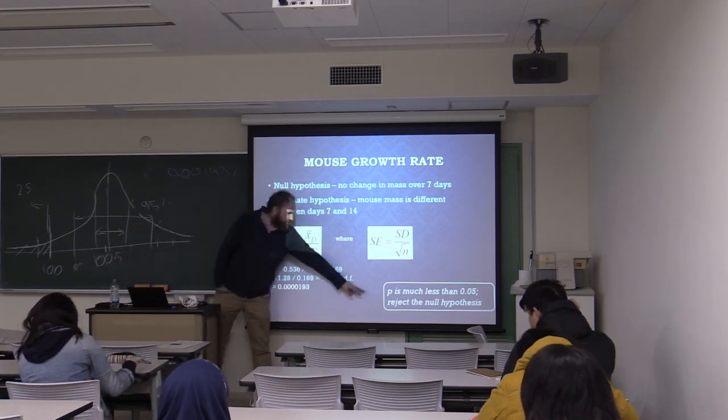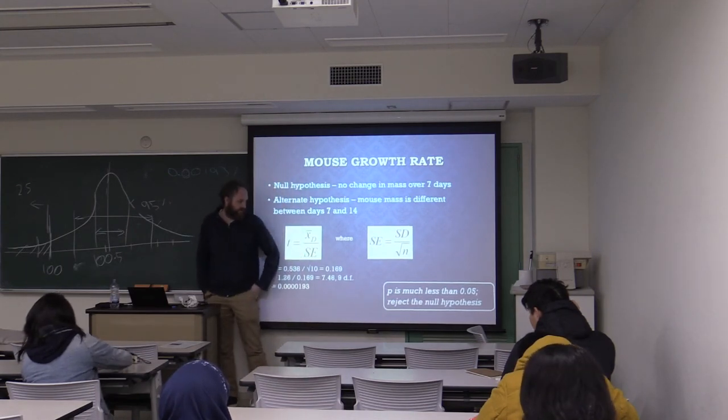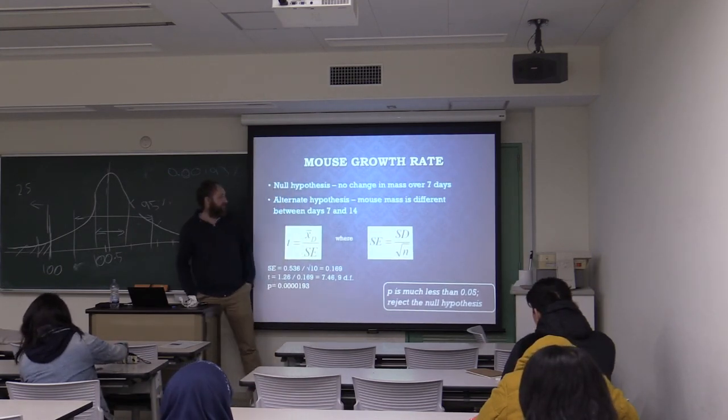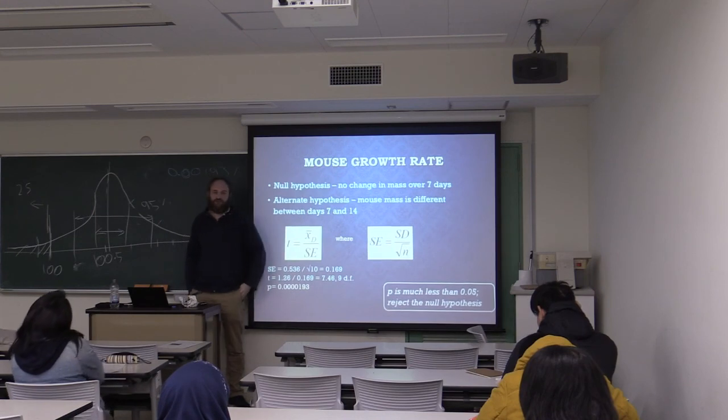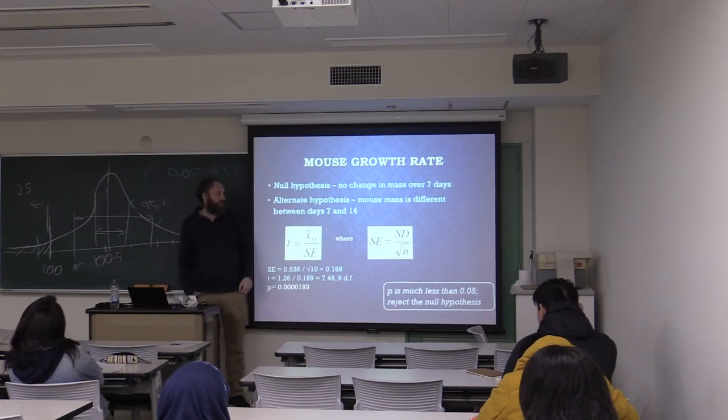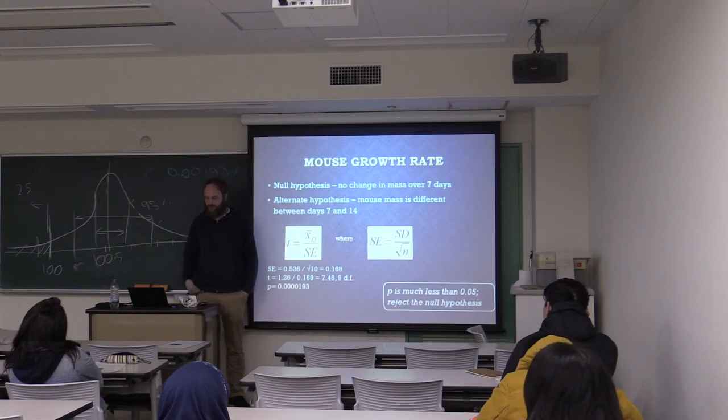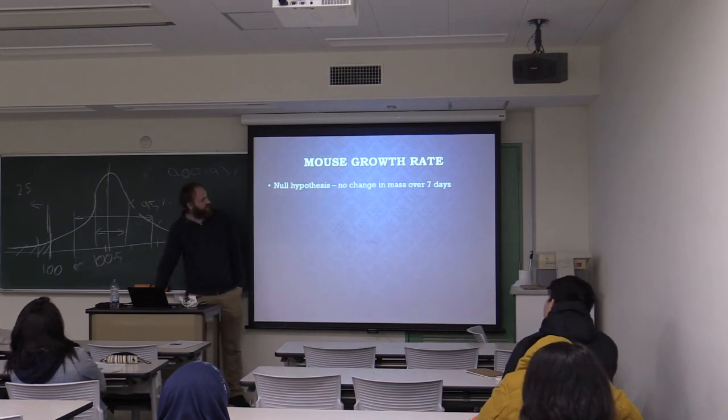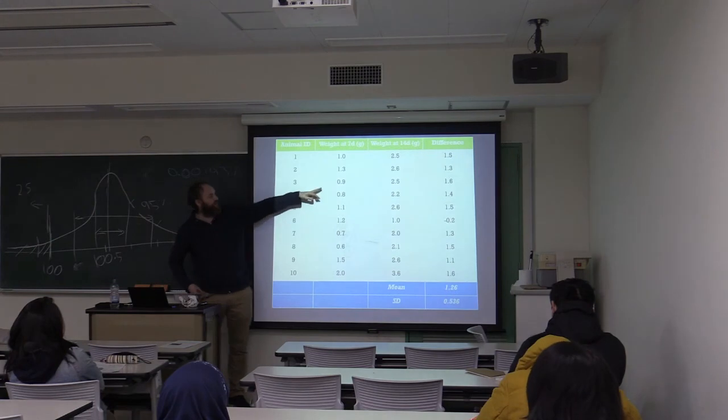So our p-value is much, much less than 0.05. We reject the null hypothesis. Our null hypothesis was no change in mass, and we accept the alternate hypothesis that there is a change in mass.